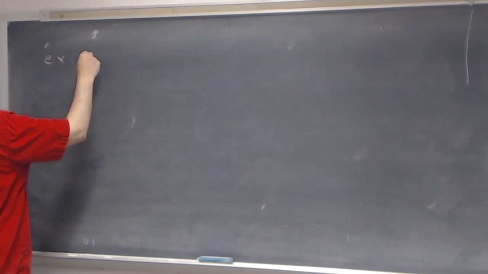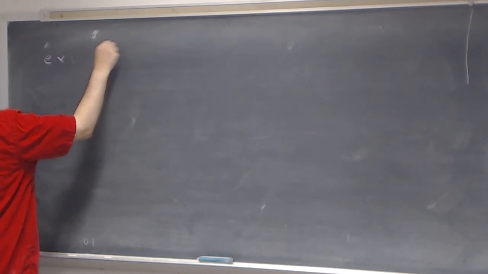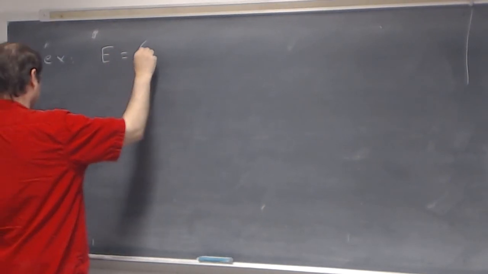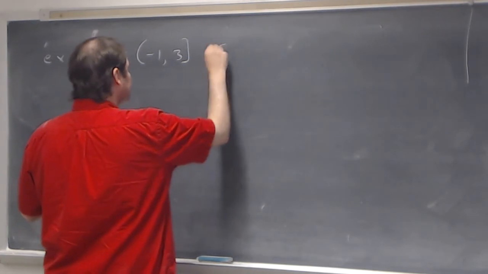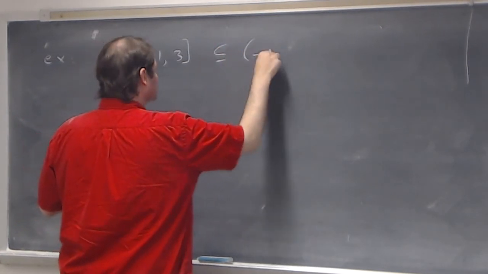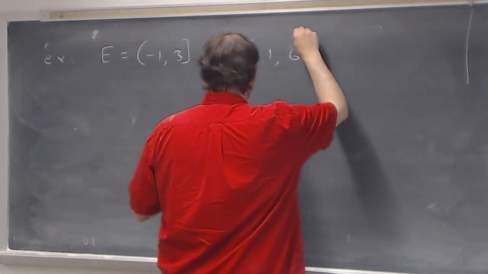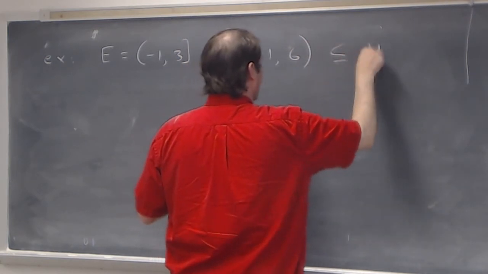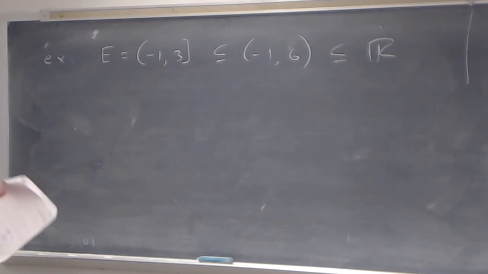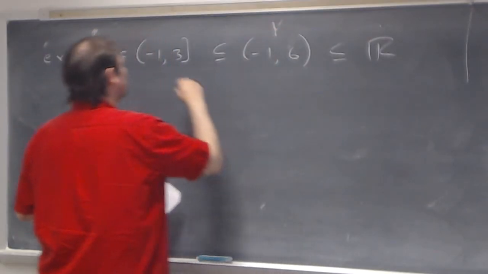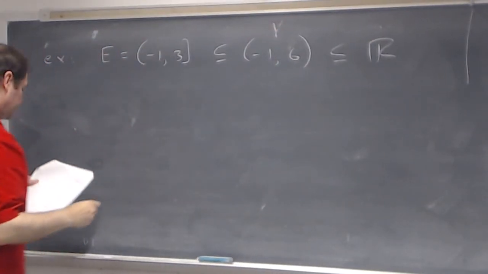So, as an example, let's look at E is going to be equal to the interval from -1 to 3 in this fashion. Notice it's a subset of -1 to 6, which is a subset of R, which we'll think of as our metric space with the usual topology. This is our Y, and this is our E here. Okay?